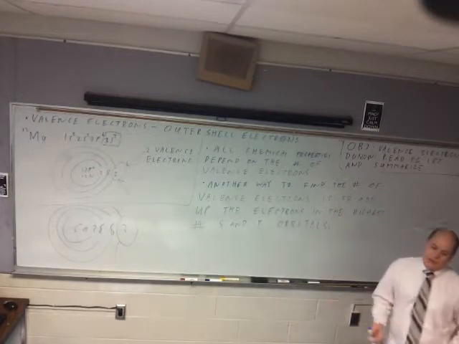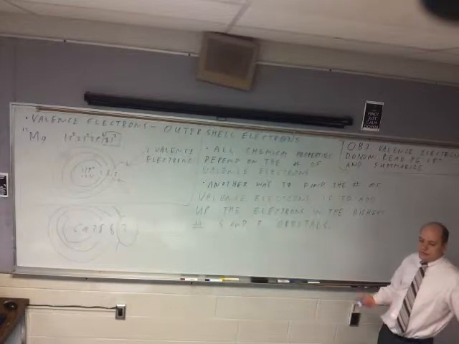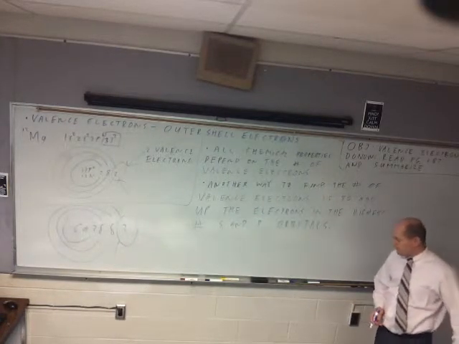Whatever the highest shell number you see in the electron configuration is, you look at the s orbital of that shell, and if there's a p orbital, you add up the electrons in those two.